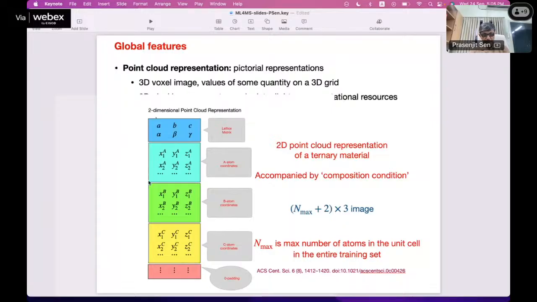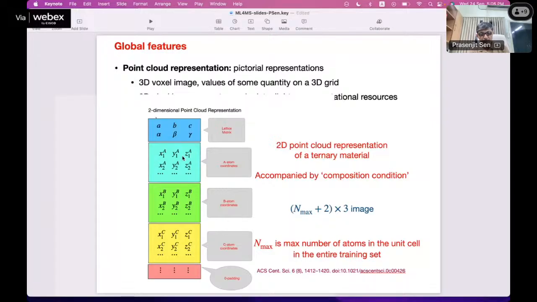The next block is the composition, A_n B_l C_m or something like that. So you have to give information about atom A. Where are those atoms?